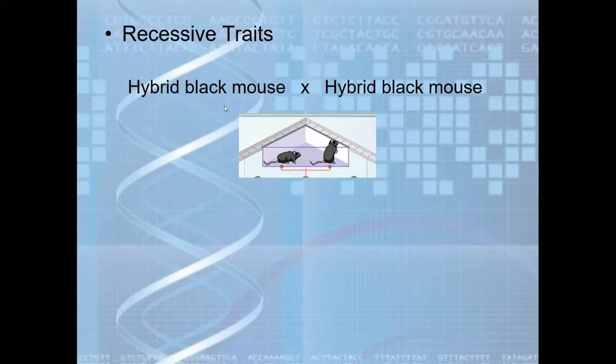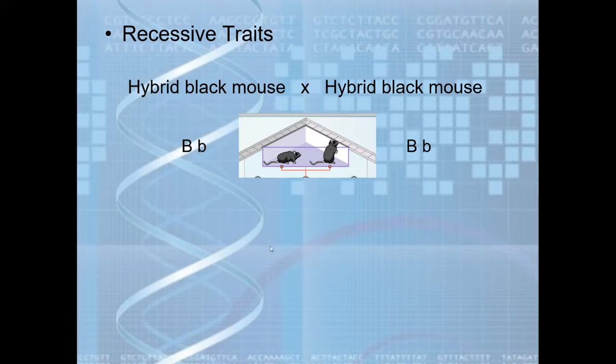If you have a hybrid, again going back to the definition of the hybrid, you have two different alleles. So now this mouse will have the uppercase B and the lowercase b. But the uppercase B still is dominant, so that's why the color of the mouse will be black. So that is a hybrid.